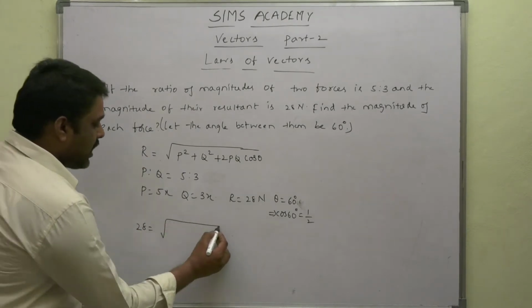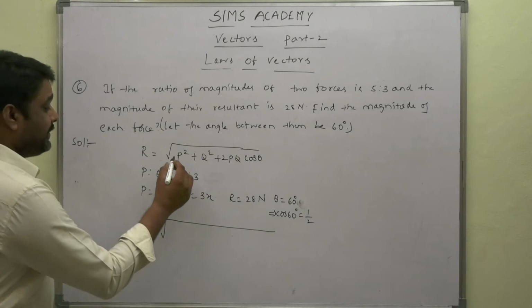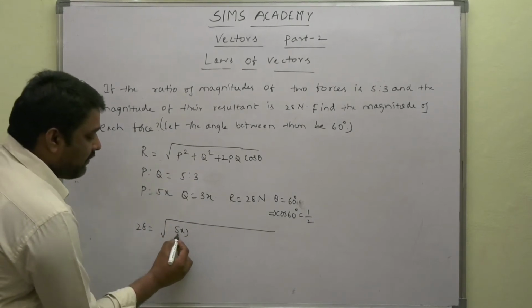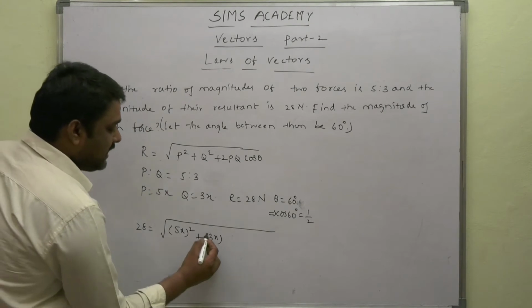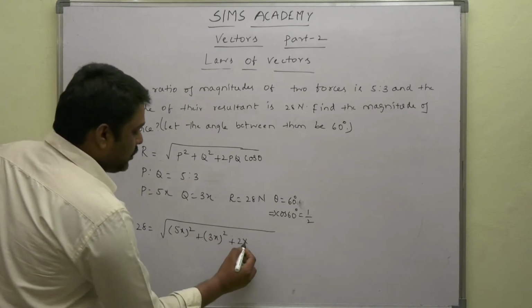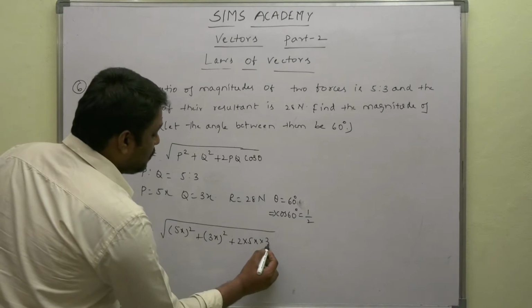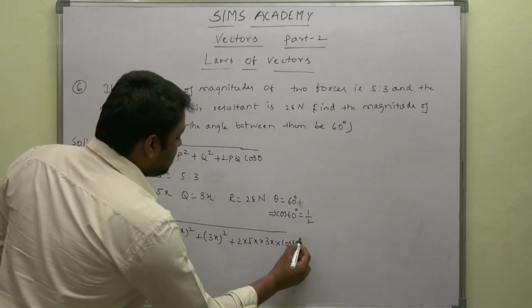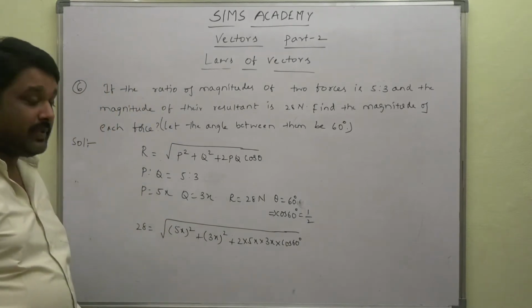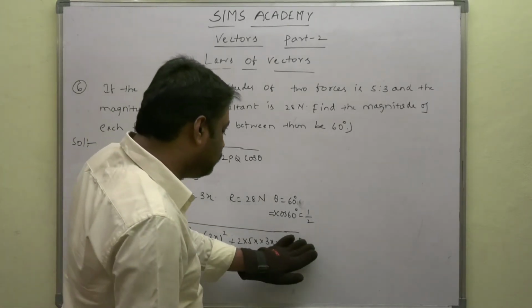Now let us go on to the formula. 28 equals under root of P square, 5x whole square, plus Q square, 3x whole square, plus 2 into 5x into 3x into cos 60. How much is the cos 60 value?